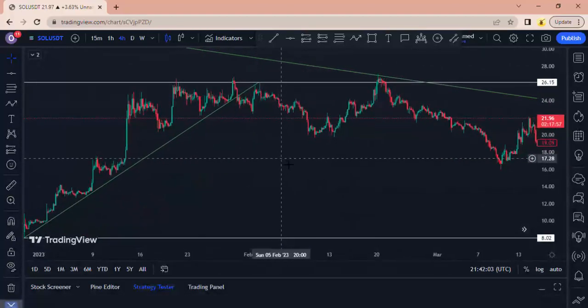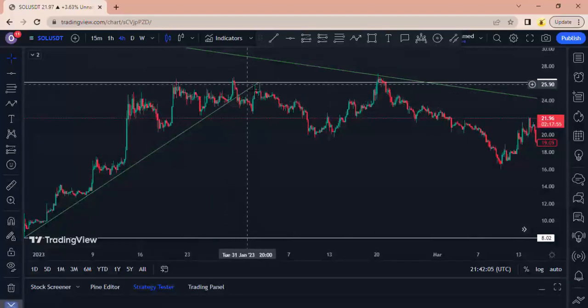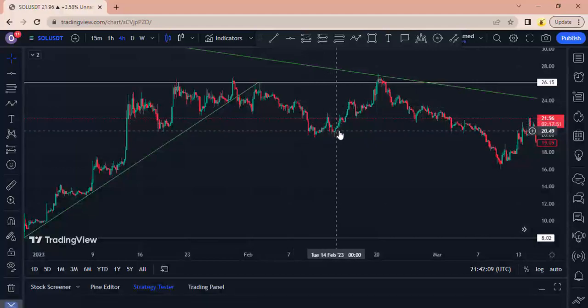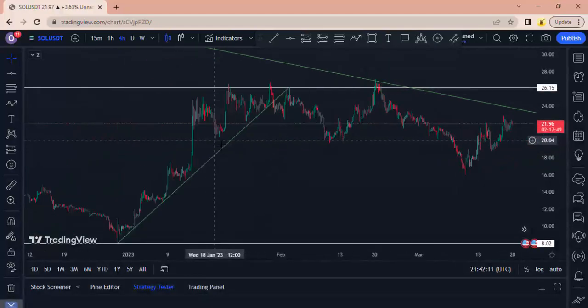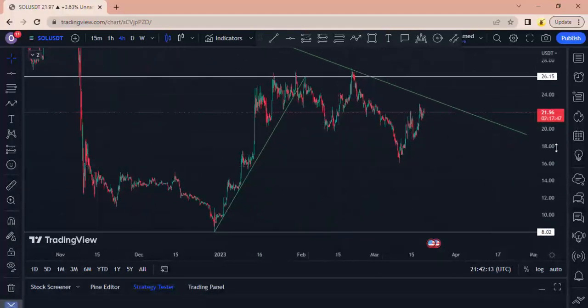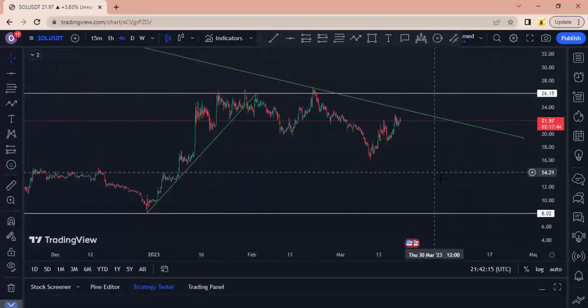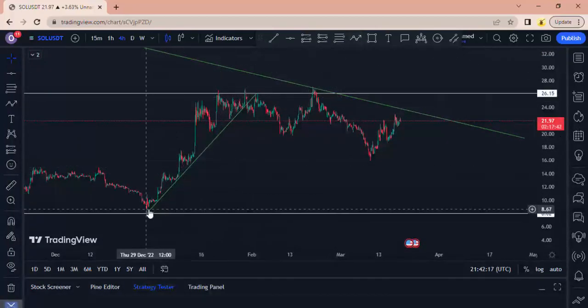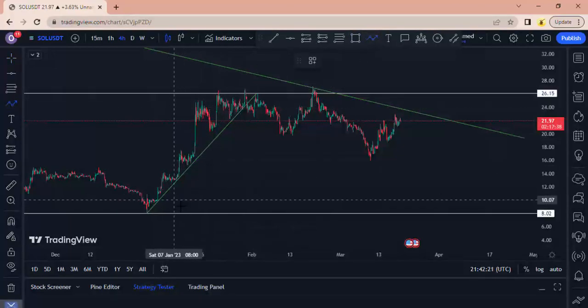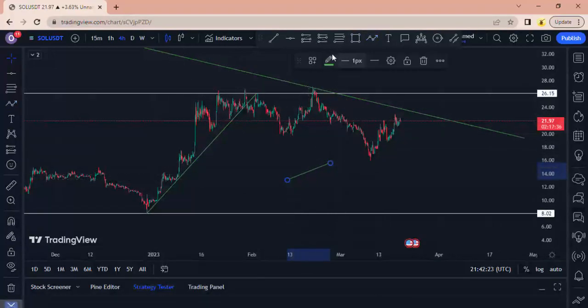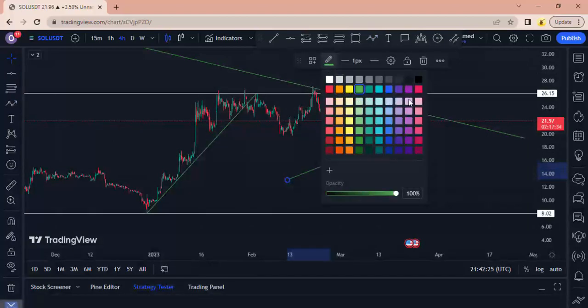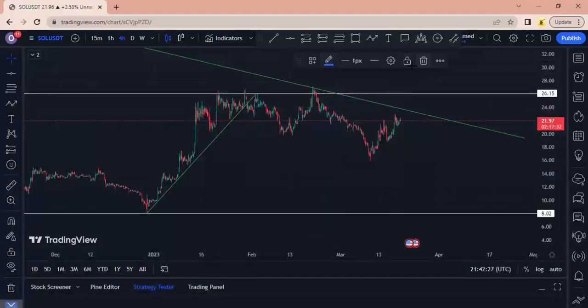All right, now after this uptrend, we saw a break of this uptrend to a downtrend, right? So let me squeeze it and then use the arrow to indicate for you to see properly. All right, so from here, let me change the color to blue.